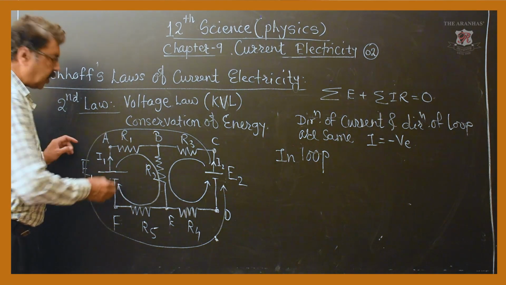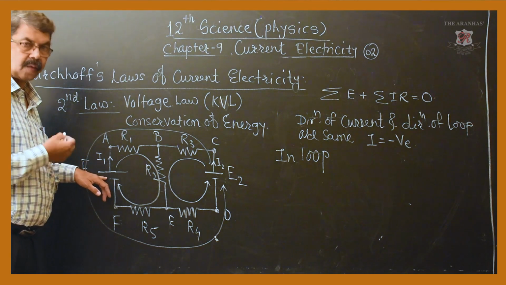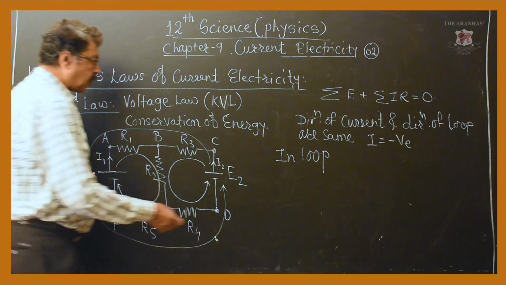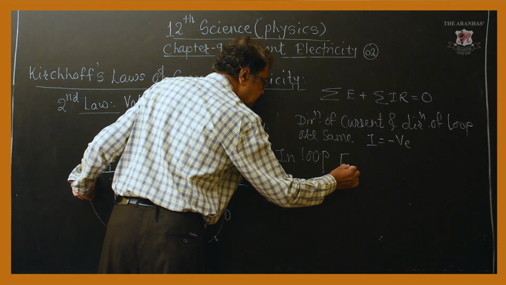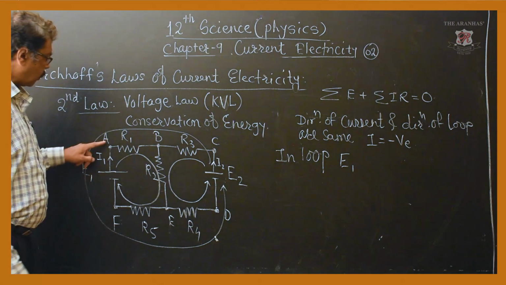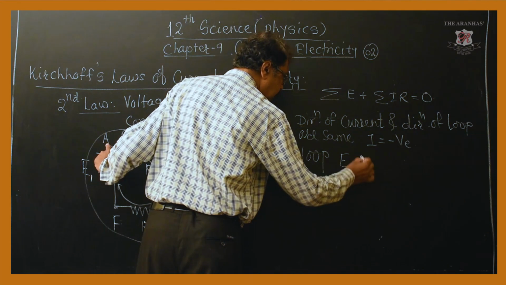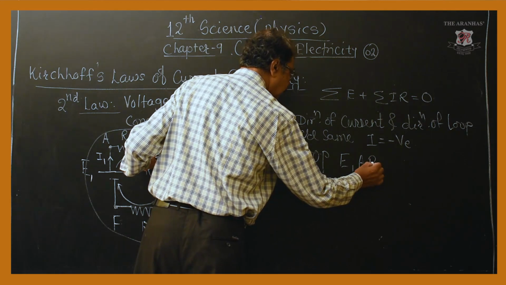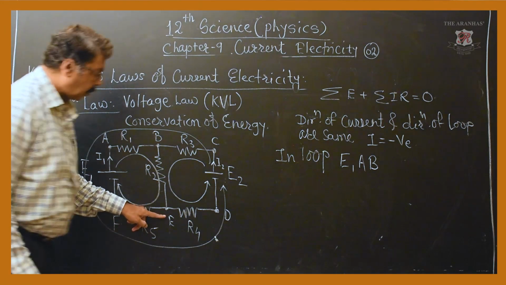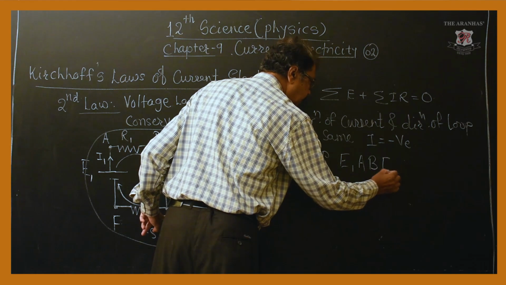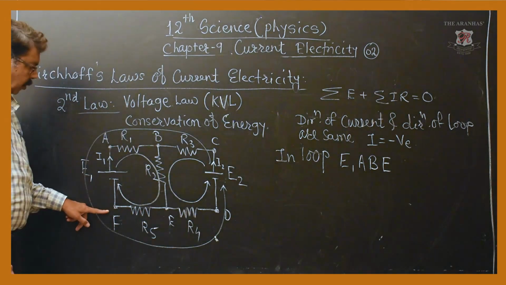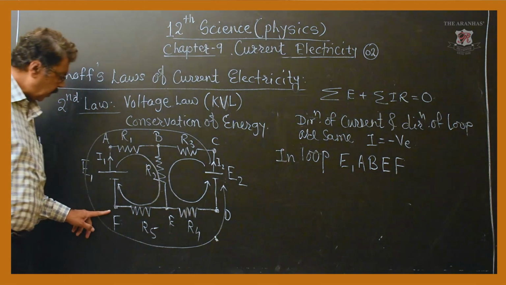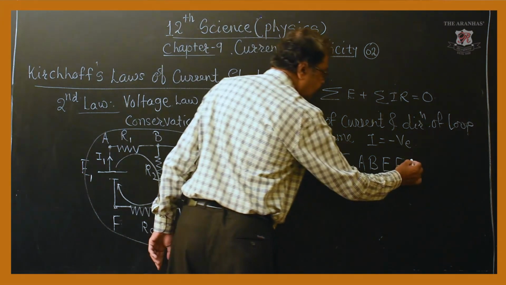Last time I told you, generally when I solve these types of numericals or questions, I start from the positive terminal of the battery. So I am starting from E1, that is the first cell, going to point A, then going to point B, coming down to point E, moving to point F, and coming back to E1.